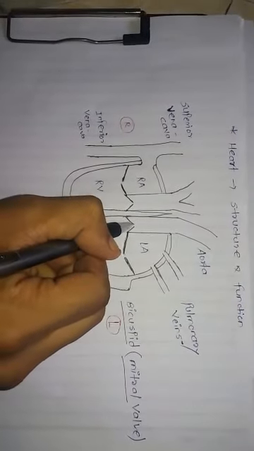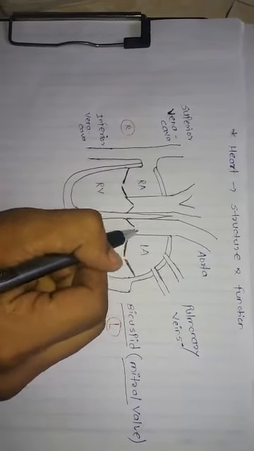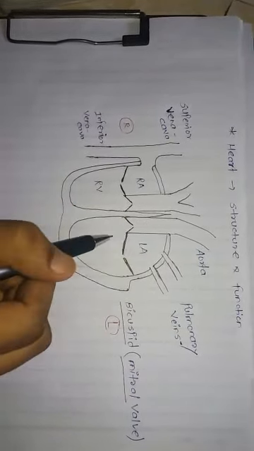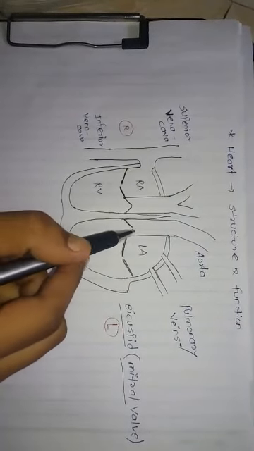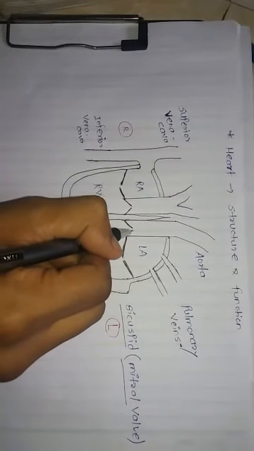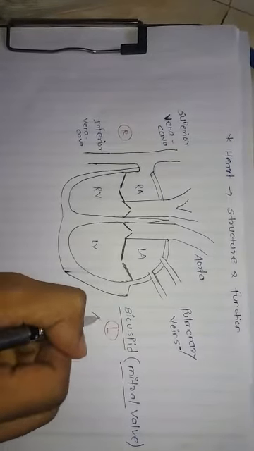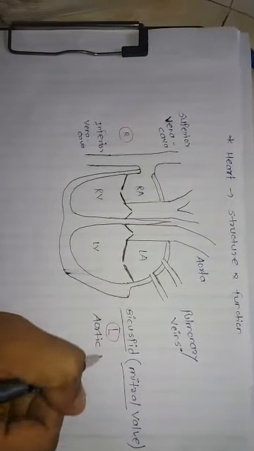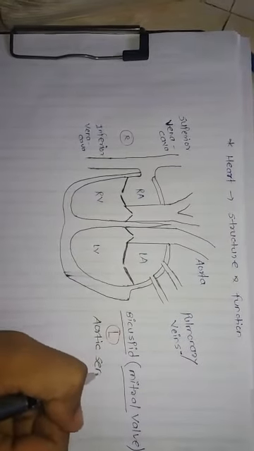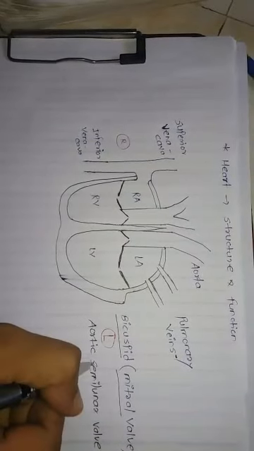And here we have the aorta. It is a large vessel, and here is the left ventricle. So between the left ventricle and aorta we have the aortic valve, also called the aortic semilunar valve.